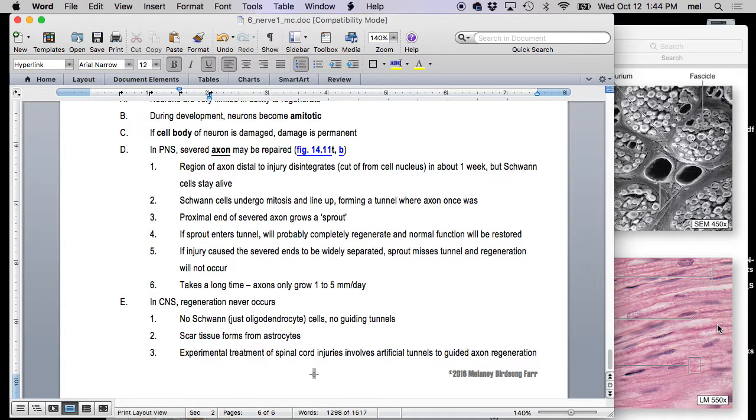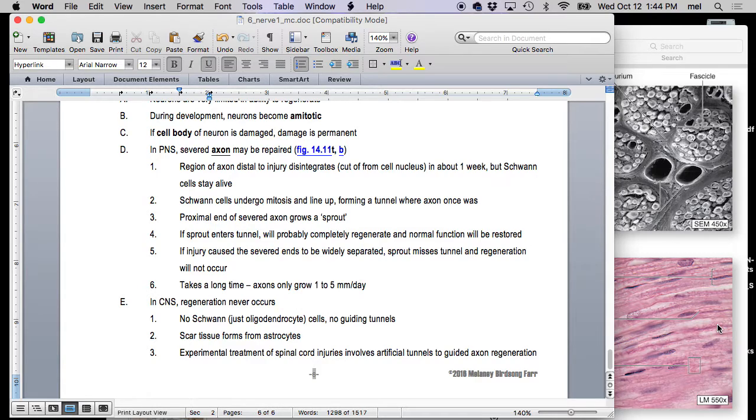Because if I was trying to get communication to go from point A to point B, and I damaged the wire between them, and then I just had some big yahoo stick a car in between, you're never getting it through, right? So you basically have the nervous system equivalent of scar tissue formation. You're not going to leave a hole in the brain if you lose the white matter, but you'll fill it with astrocytes, and then you'll never get the transmission to go through again. So scar tissue forms from astrocytes.